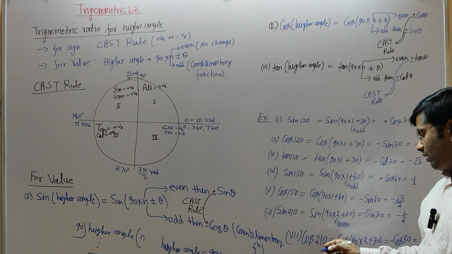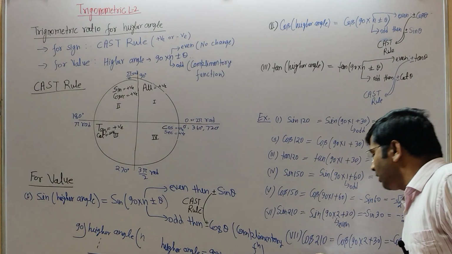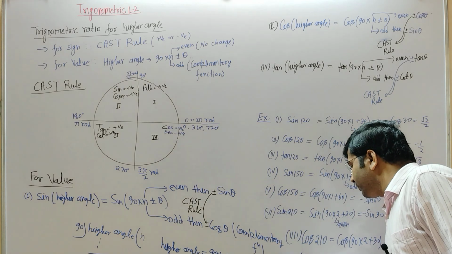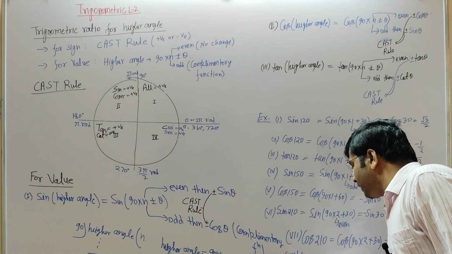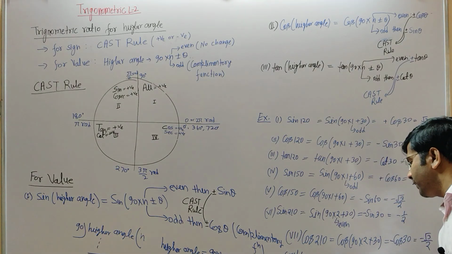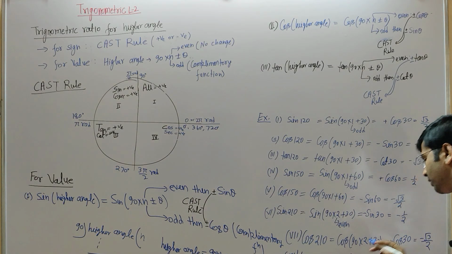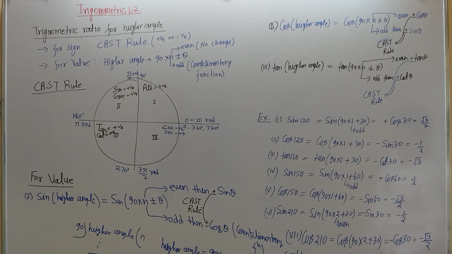Let's say one more angle. I'm saying that you calculate tan 300. So tan 300 is tan of 90 into 3, that is 270, plus 30.